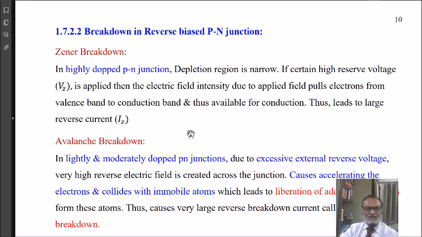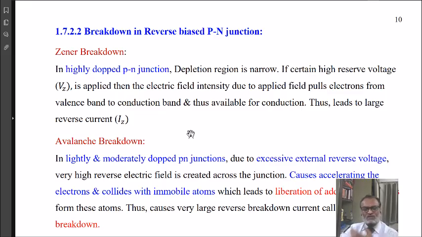Due to that, the electrons in these immobile ions are shifted into the conduction band, and additional electrons or holes are available for conduction. Therefore, striking of an immobile ion by one electron generates an additional electron, meaning two electrons are generated.